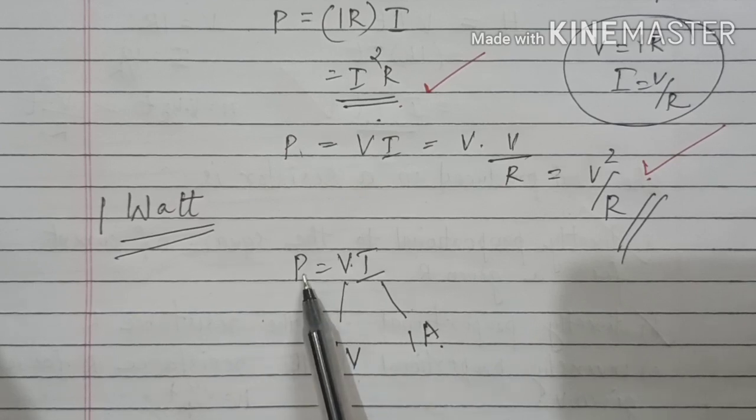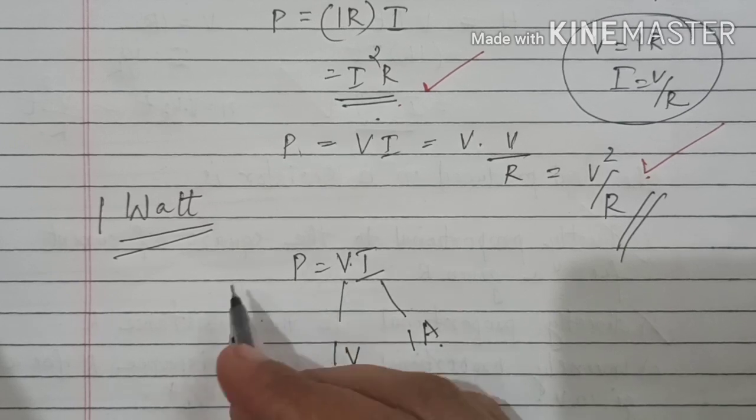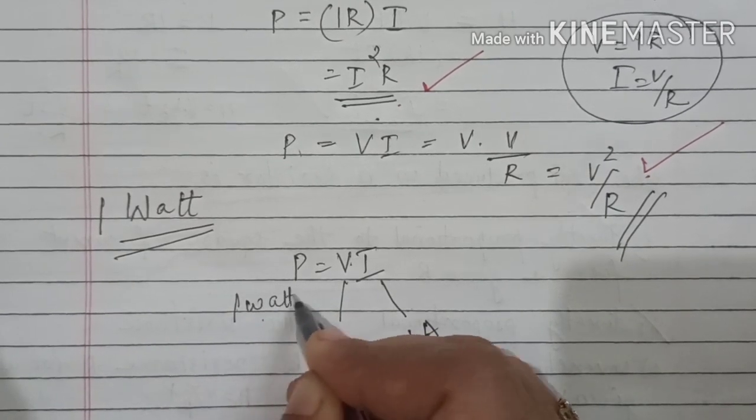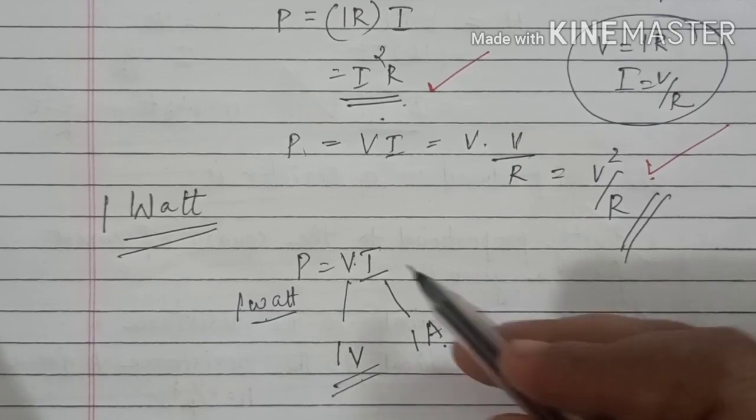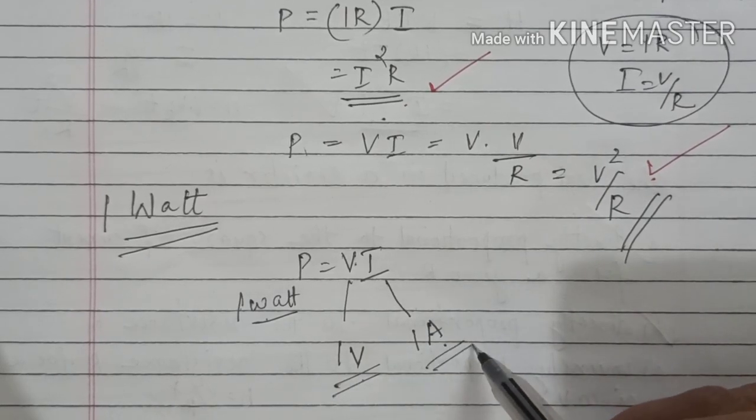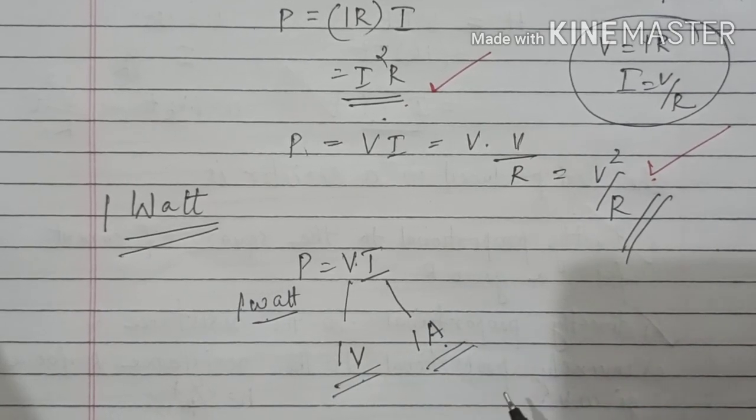Unit watt. So if I want to define P as 1 watt, I have to use a potential difference of 1 volt and current of 1 ampere.